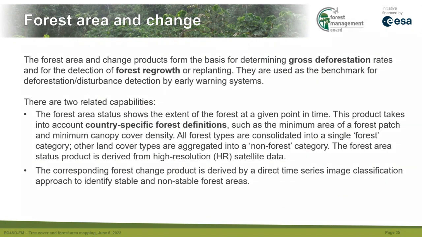And the forest area status is then derived from the high-resolution satellite data. The corresponding forest change product is derived by a time series image classification approach, by which we can then identify stable and non-stable forest areas.